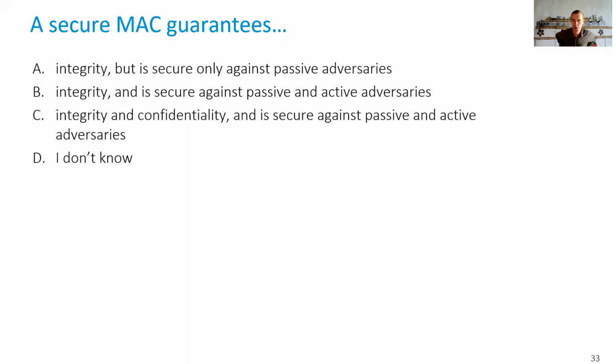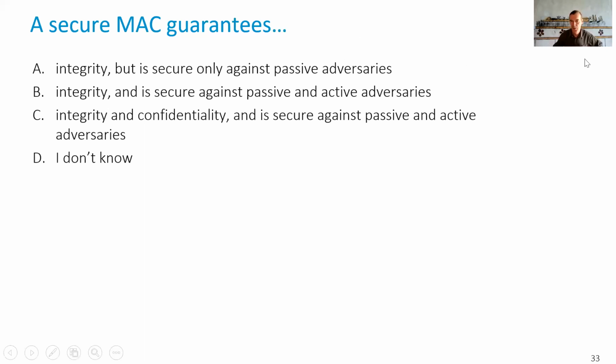The sender known to you being the other guy who has the secret key that you're using for verifying the MAC. That's all that it guarantees. It does not guarantee, of course, confidentiality. That's point C, right? It does not guarantee confidentiality, but it guarantees integrity, and it's secure in the sense that the integrity is guaranteed against active adversaries and passive as well.